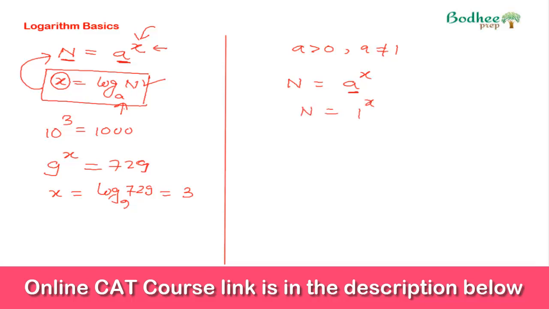Irrespective of the value of x, we'll always be getting the value of n to be 1. That means we are getting multiple values of x and we are getting the same answer. In functions, such kind of things are not allowed, and that is the reason the base is not taken to be equal to 1. So these are the two very simple things which we have to remember. Now we can straight away move to the properties.